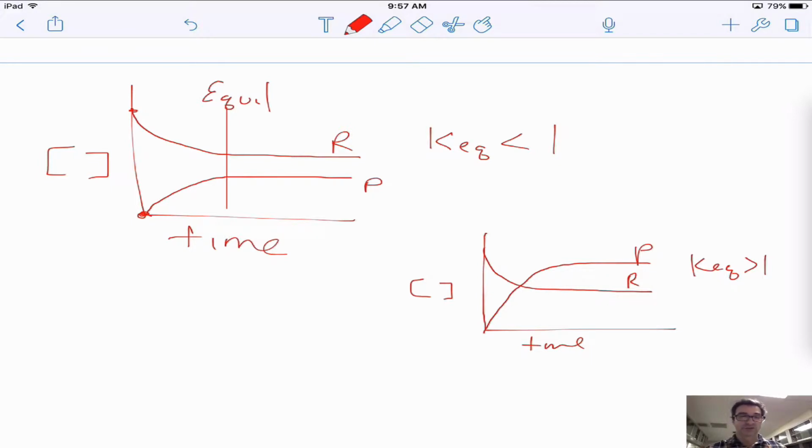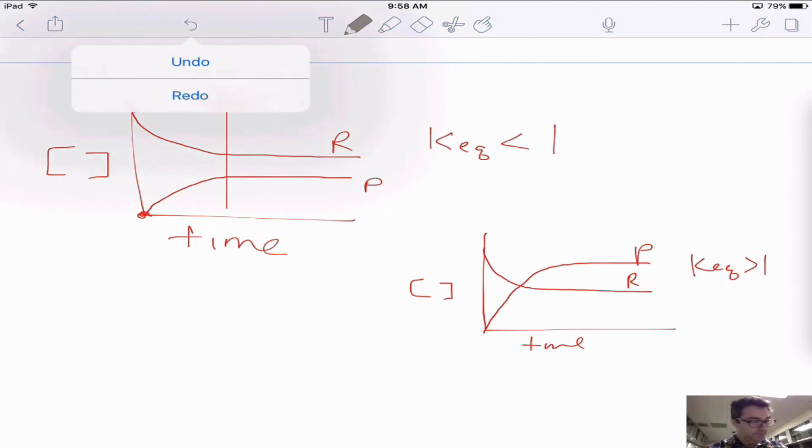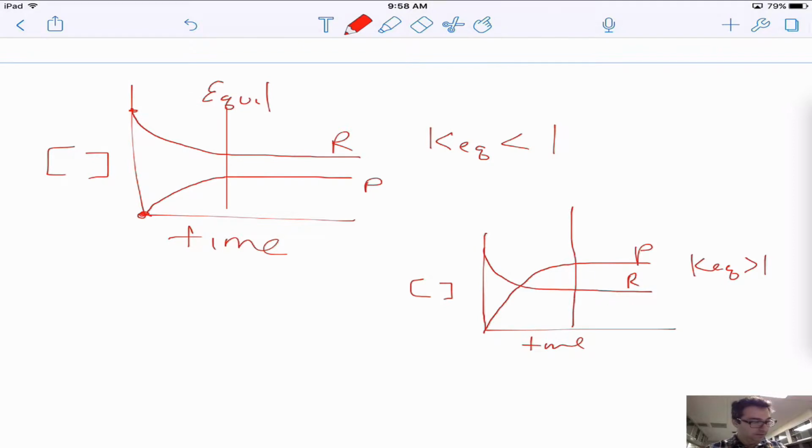Like, I'll show you one where they would have a KEQ equal to 1. But in this case, the equilibrium is established right here. And we could even move that over more because they're still changing. Okay, so we'd have over here, and so this would be where our equilibrium is established, where the lines start to parallel out.